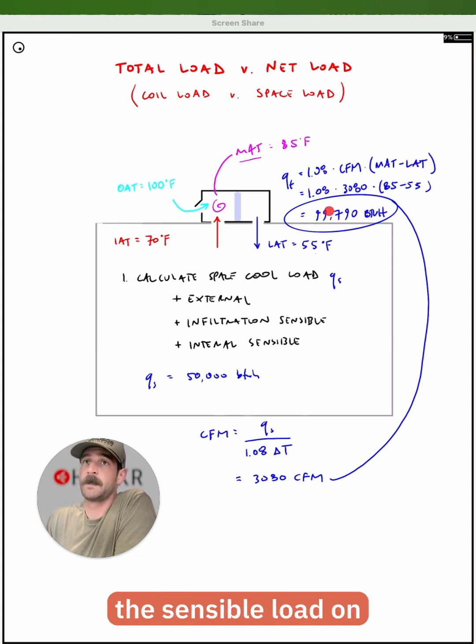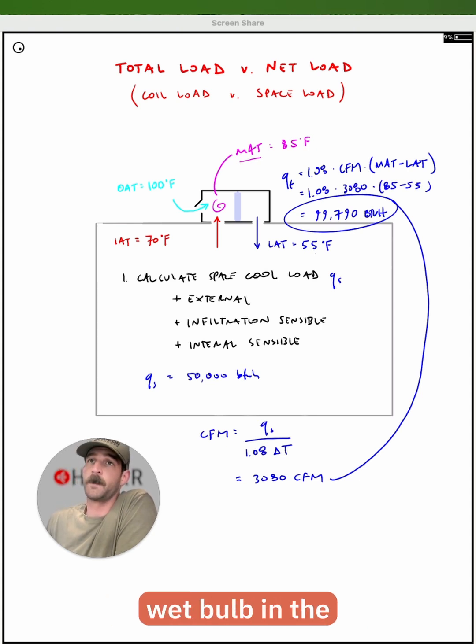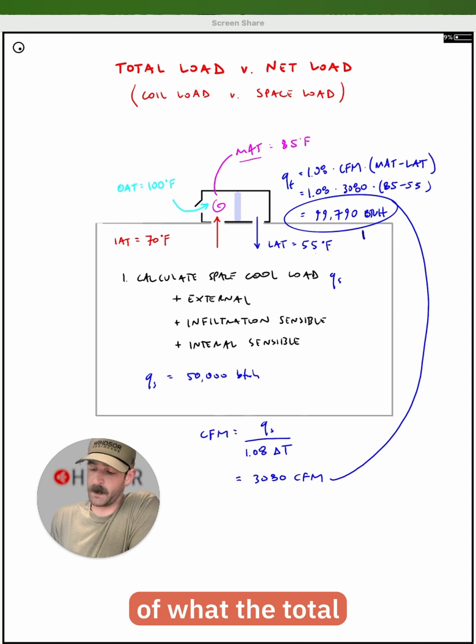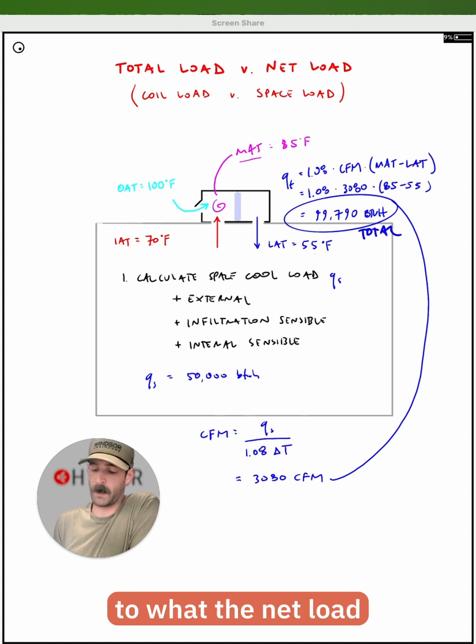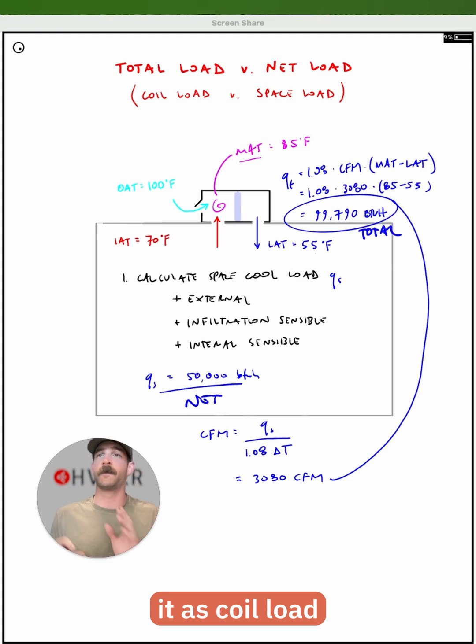So we just estimated the sensible load on the coil, and this does not include the latent load on the coil, which would also have to account for the humidity, the wet bulb in the airstream, not just our dry bulb. So in both examples, I hope that gave you a better understanding of what the total load is when compared to what the net load is in the space. Or you can think of it as coil load versus space load.